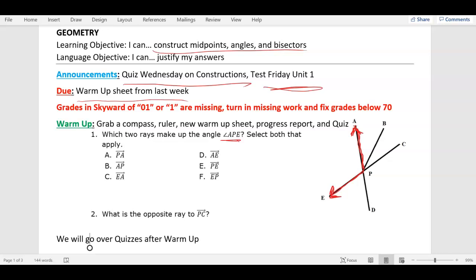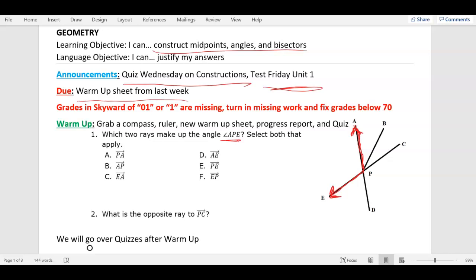Okay, so check it out. This is a ray, right? What is the name of this ray right here? Okay, how do I name that? PA or is it AP? Okay. I only hear PA, so no one's confused about PA versus AP. You always start at the end point and you go towards the arrowhead forever.